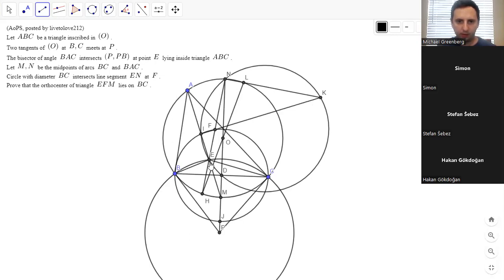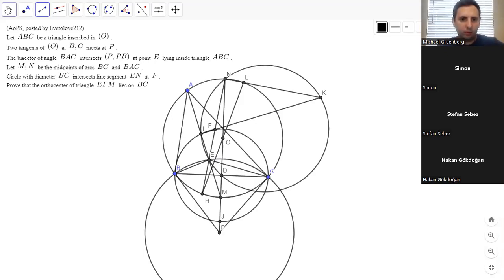Yes. That's the same as showing that EM and EH are isogonal, right? Yeah. That doesn't seem like it should be too bad. Although I don't know. But so AP is a symmedian.